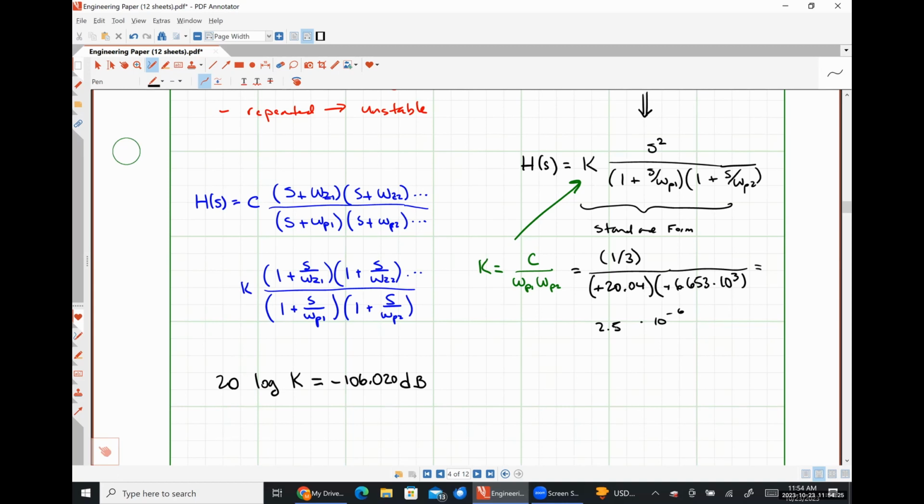The 20 times the log of 2.5 times 10 to the minus 6 is negative 112.041 decibels. Yes. This 20 right here.